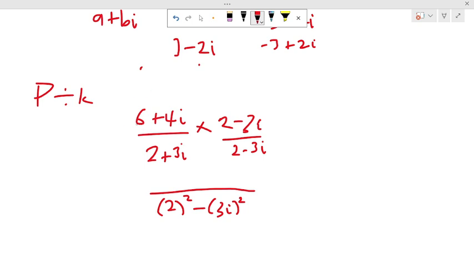And so for the numerator, we are going to get 6 times 2, which is 12, plus 6 times minus 3i, which will give you a minus, and so we are going to get minus 18i. Then we do same for 4i, so 4i times 2, which is 8i.